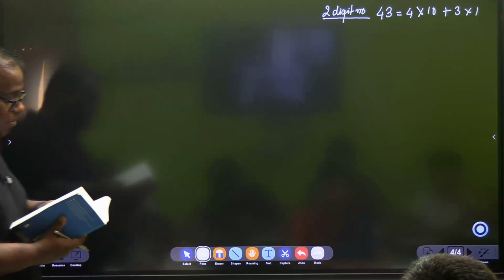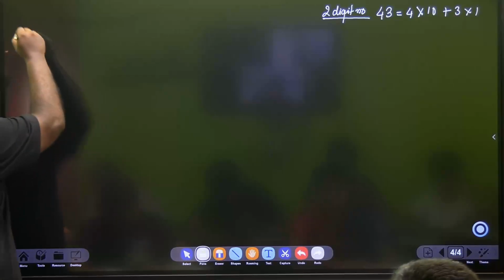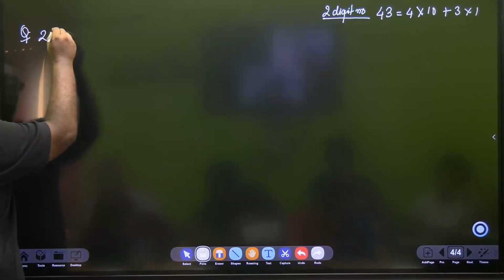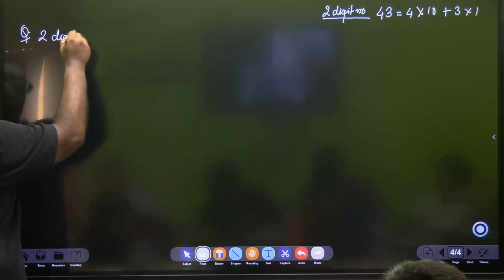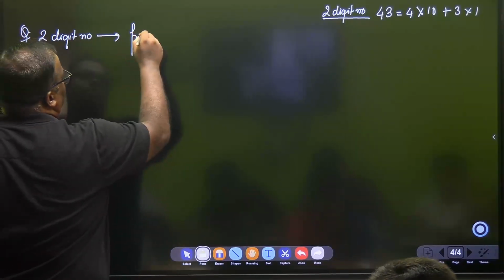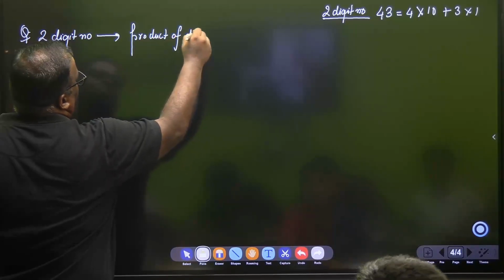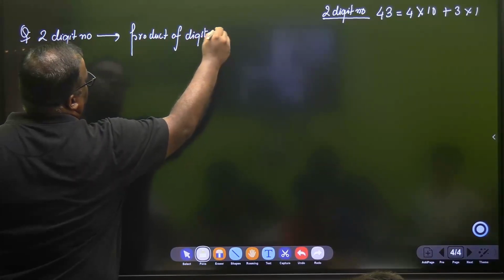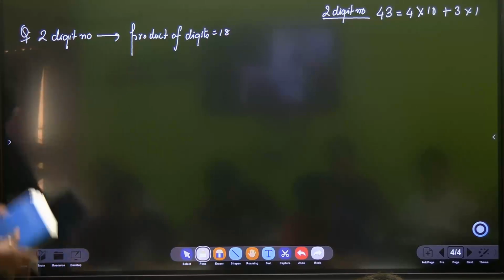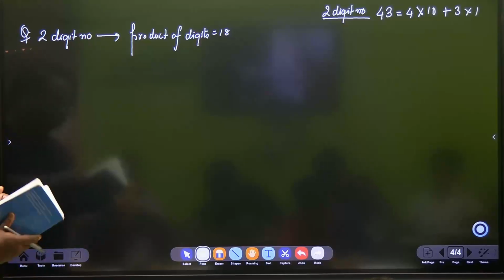Right? So let's take a problem. A 2-digit number is such that the product of digits is 18. Clear? So you can formulate from here.